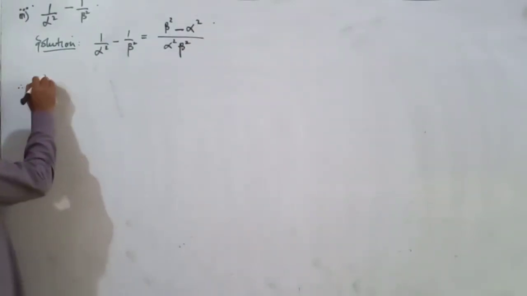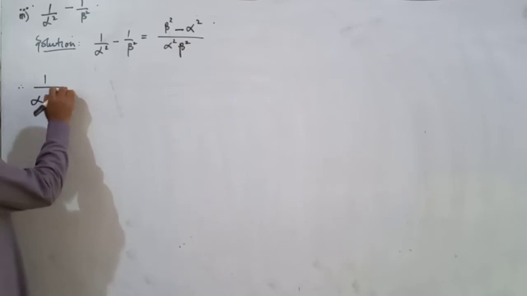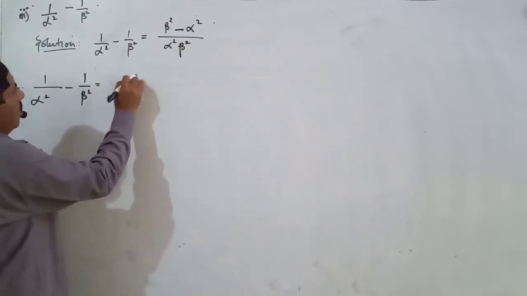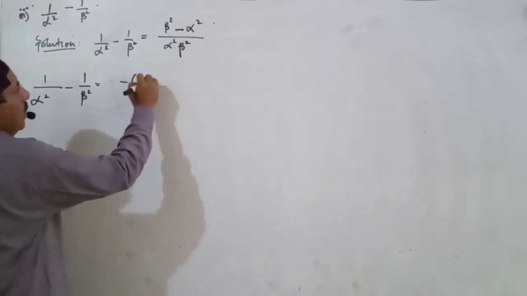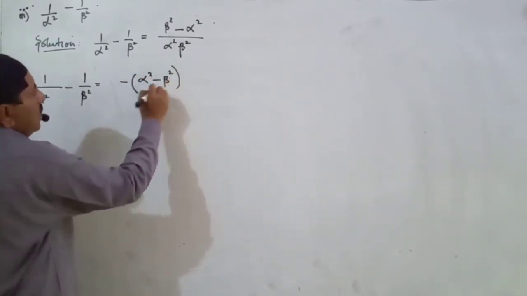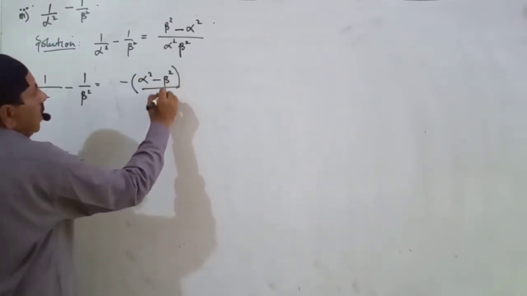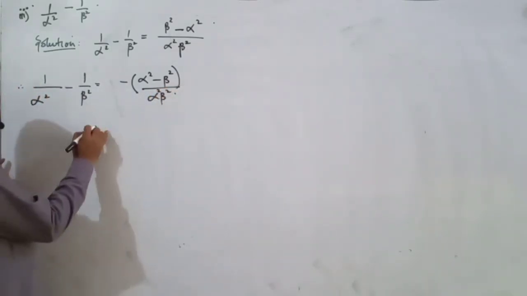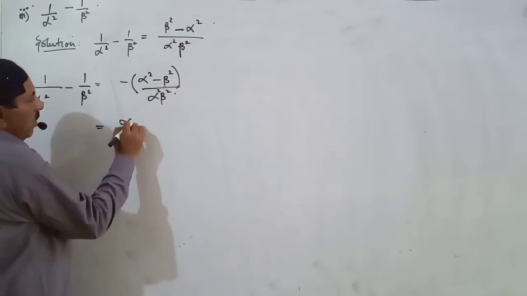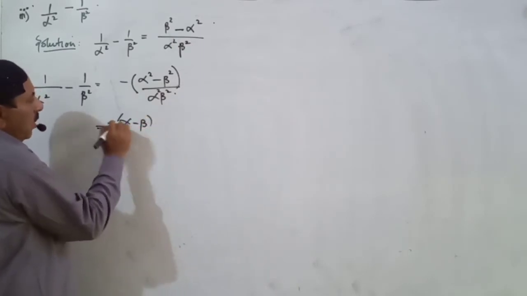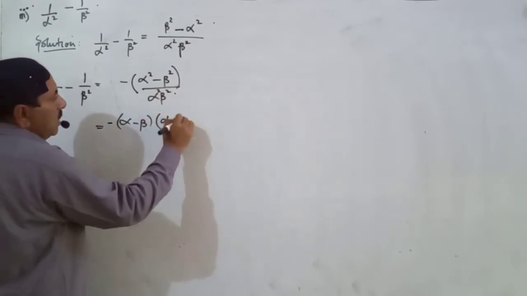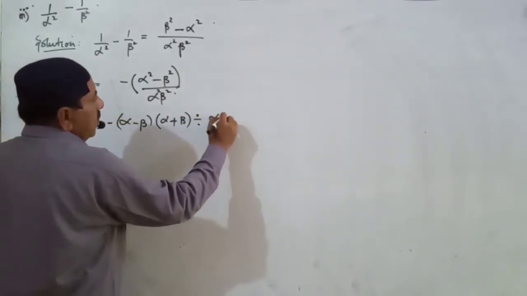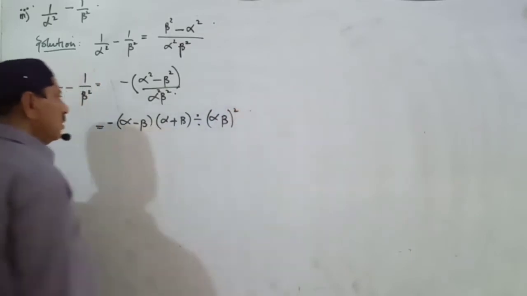So 1 upon alpha square minus 1 upon beta square is equal to minus, taking it common, alpha square minus beta square upon alpha square beta square. According to the difference of two squares, this will be minus alpha minus beta, alpha plus beta, divided by alpha beta whole square.